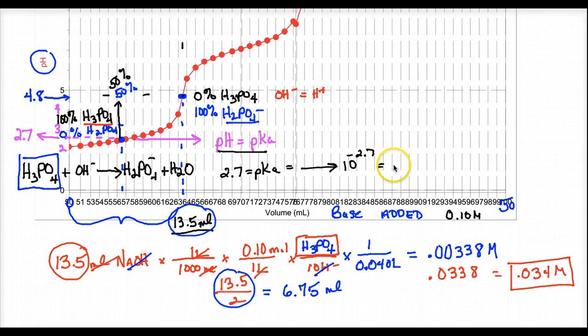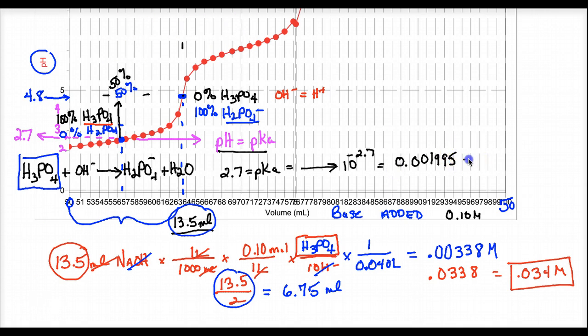Okay, so 10 to the negative 2.7, going from the exponent back to a number, I get 0.001995.